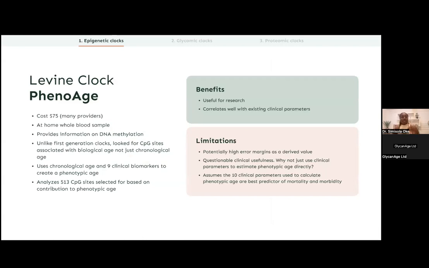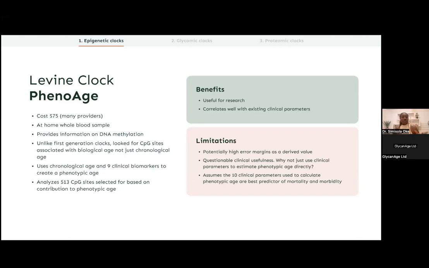Now, again, I think this is incredibly useful for research. It correlates very well with existing clinical parameters that many physicians or clinicians would be aware of. But again, potentially higher margins because it's a derived value. So rather than looking directly at the level of those markers, it uses the CpG sites to estimate what those biomarkers would be, and then creates a biological age from that information.